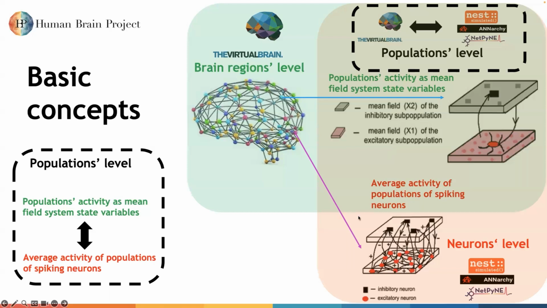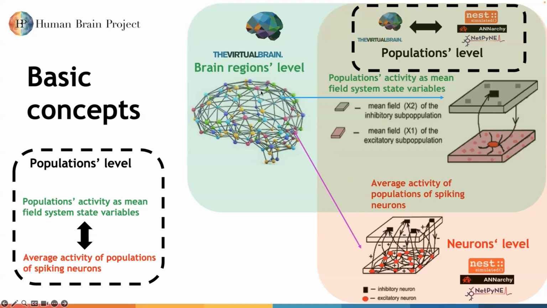Therefore, at this level of populations, we can have a link between the 2 levels of description. This means that our model has to have a clear mapping between state variables of TVB and populations of spiking neurons or spiking networks on the other level of description.